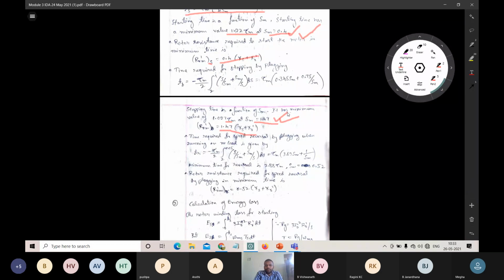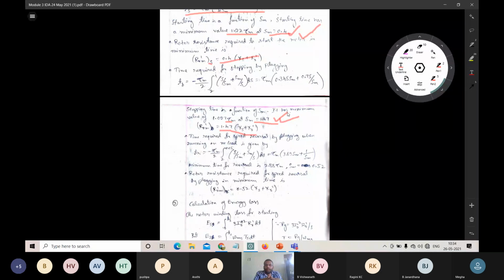Next, the time required for speed reversal. If you are running at some constant speed, and you have to change the direction of rotation of the motor, that is reversing of the speed. This reversing of the speed will be done by plugging.